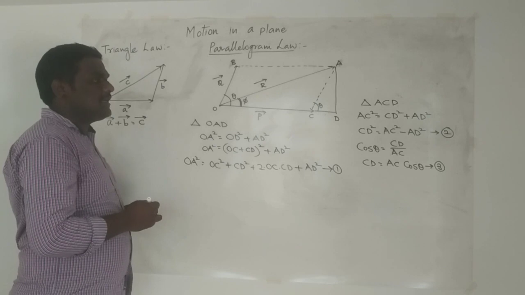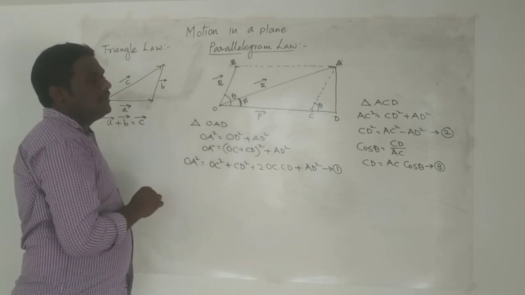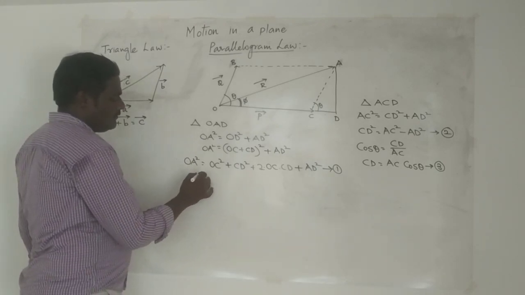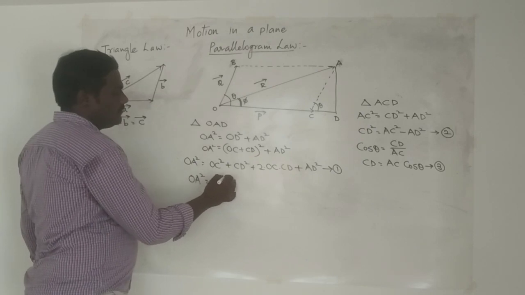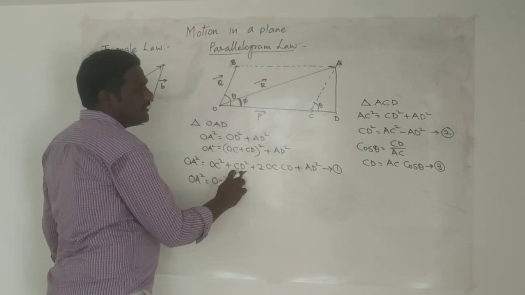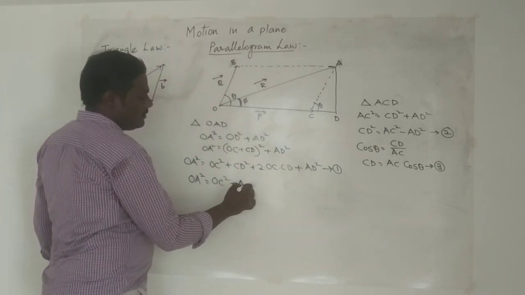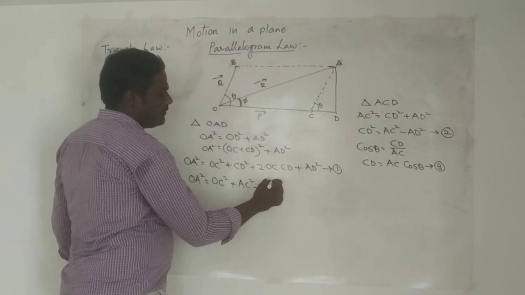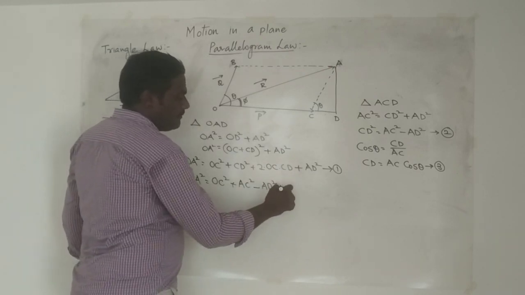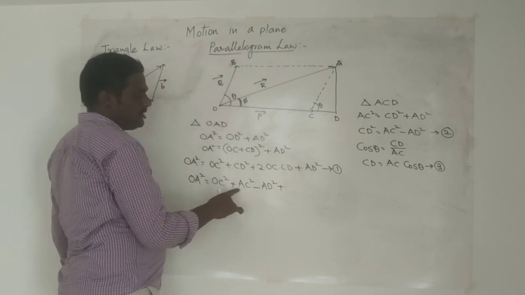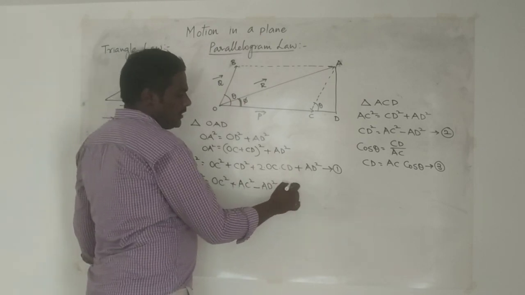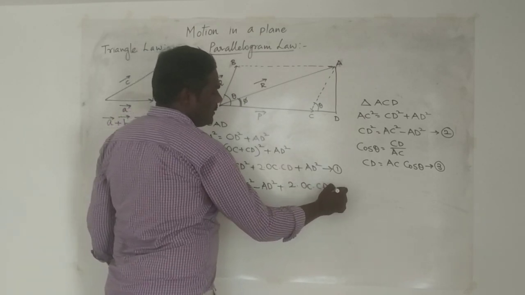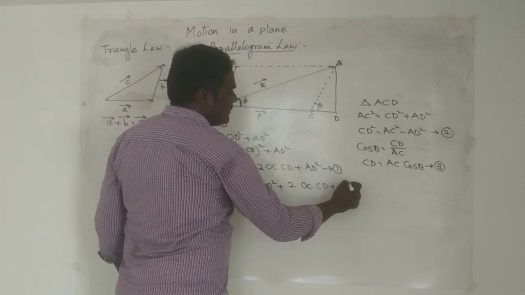Now start substituting equation 2 and equation 3 into equation 1. So here OA square is equal to OC square plus CD square, which is AC square minus AD square, plus, in the place of CD square replaced with AC square minus AD square from equation number 2, we have 2 OC into CD plus AD square.